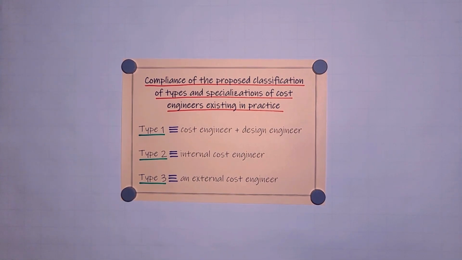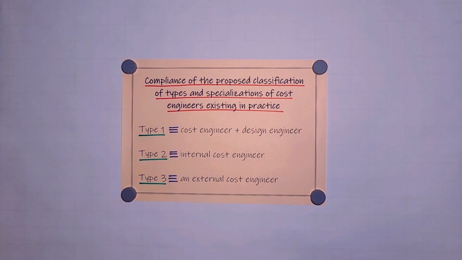Cost engineer designer, i.e. the option in which the designer, in addition to the design documentation set, independently forms a set of reference documentation. The obvious disadvantages of this type of cost engineering practice are, first, a shortage of qualified personnel with experience of both design and economic calculations. Second, low productivity.